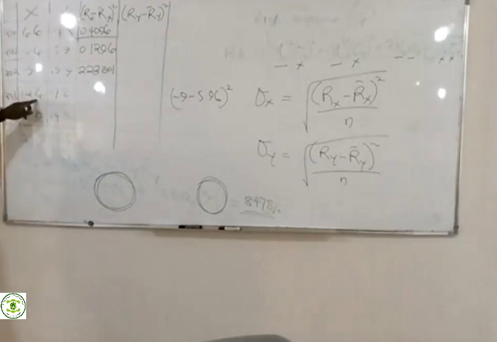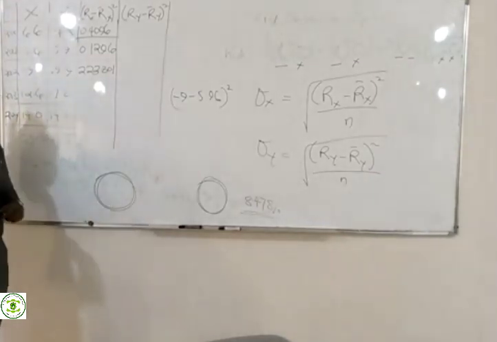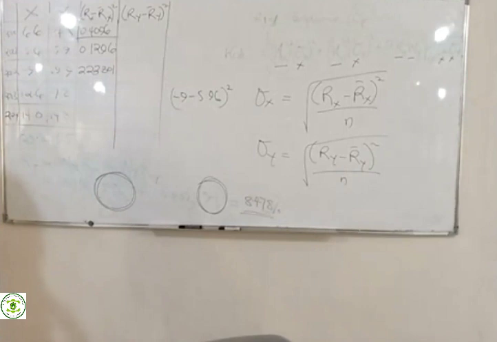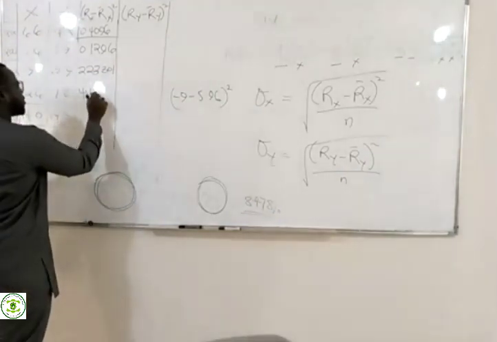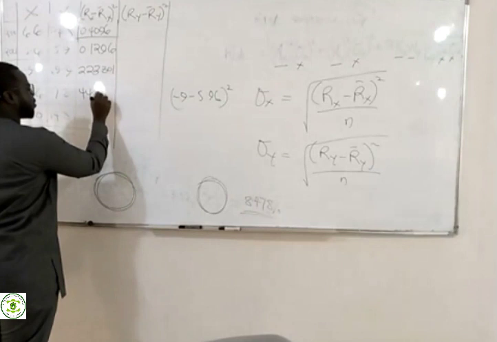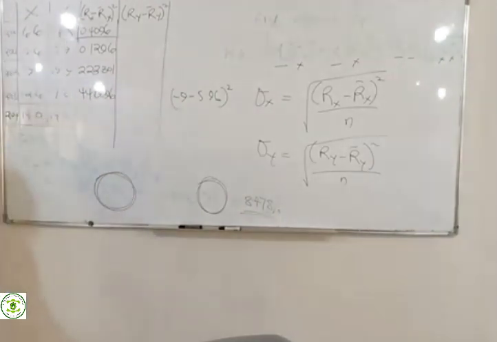Here, 12.6 minus 5.96 raised to the power 2. Usually you can just round them to 2 decimal places.